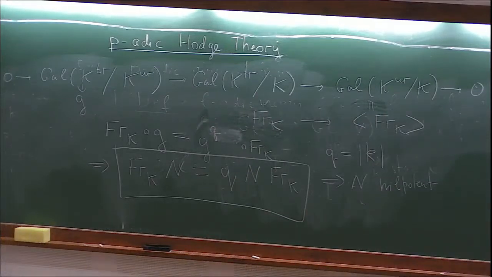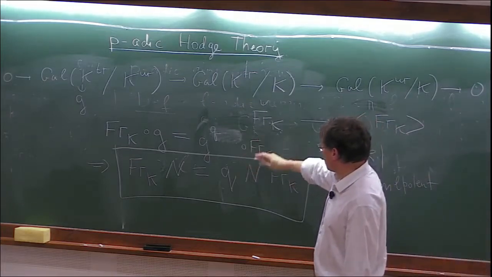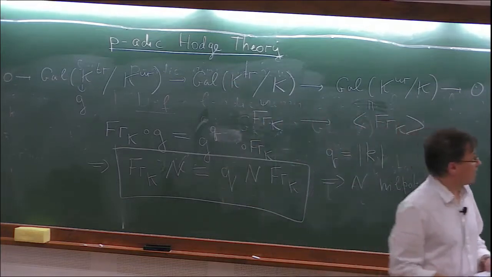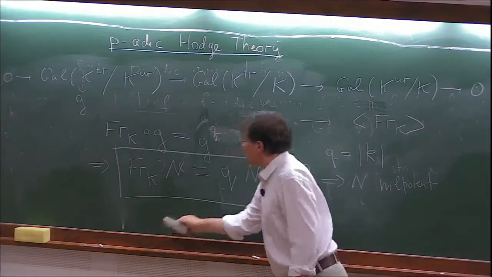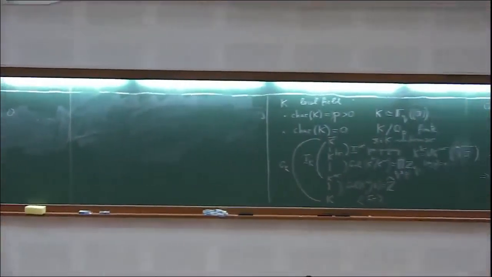So one of the important problems of the p-adic Hodge theory was to find an analog of this theorem when L is equal to P. So now we switch to this situation. From now we'll talk about p-adic representations and assume that L is equal to P. It's defined by this formula.